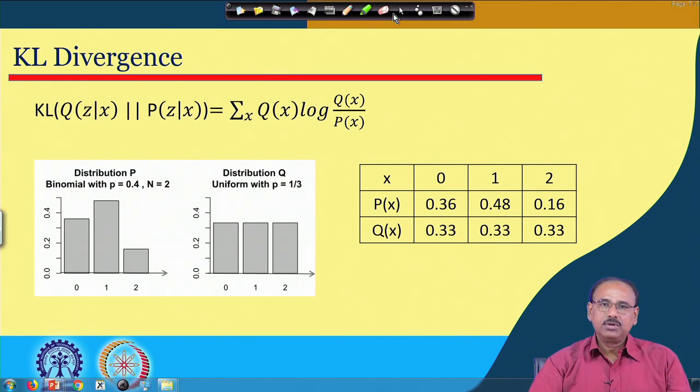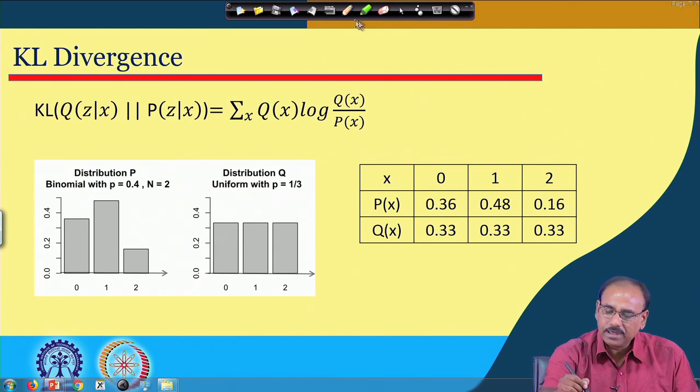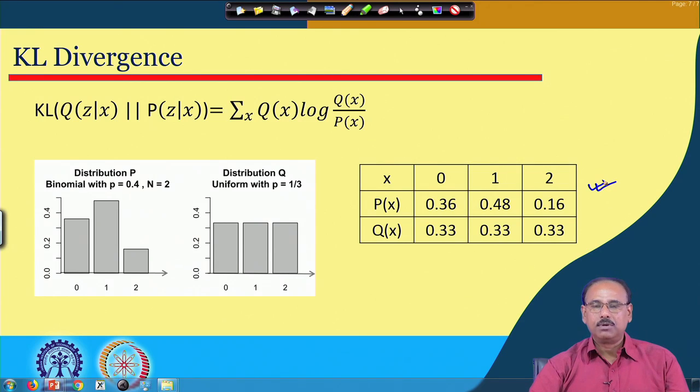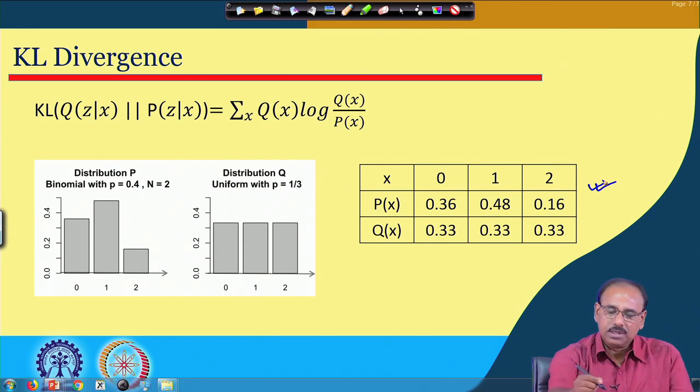We have taken two distributions. One distribution is p, which is a binomial distribution with p equal to 0.5 and n equal to 2, and the other distribution is a uniform distribution with p equal to 1 by 3. The table on the right shows you these distributions in tabular form. Now let us see how we can compute the KL divergence between these two distributions.